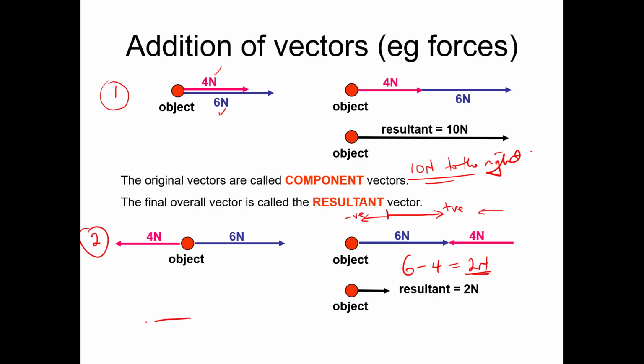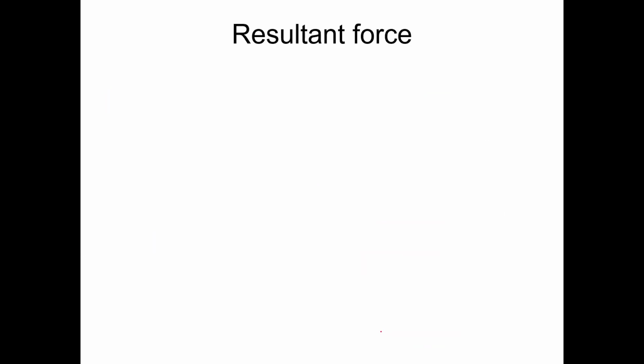Likewise, if we have a body with 10 newtons pointing to the left and 6 newtons to the right, the resultant force would be the bigger one minus the smaller one, giving us 4 newtons to the left. So that is how we calculate the resultant of vectors or forces when given forces acting on a body.